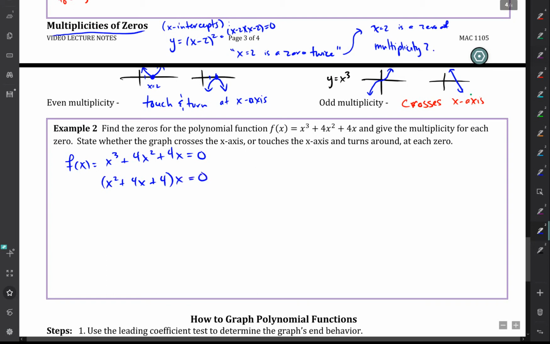If I keep factoring x squared plus 4x plus 4, I can factor that as (x plus 2)(x plus 2). What does that tell us? That tells us that x equals 0 is a 0 of multiplicity 1, and x equals negative 2 is a 0 of f of x of multiplicity 2.